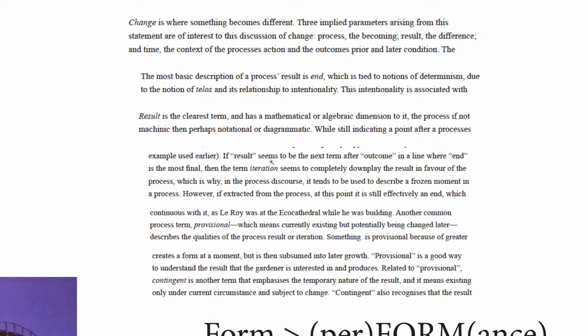And this is a kind of common term. Iteration refers to something being a moment in a process of change. And so, for instance, that water level is an iteration because when I do this, the level is different.